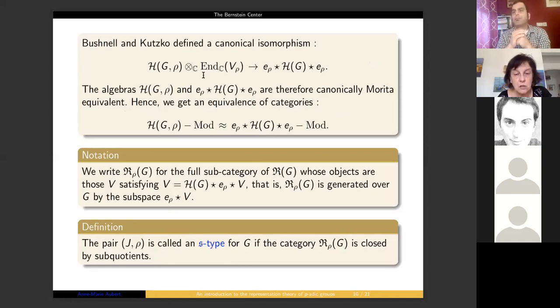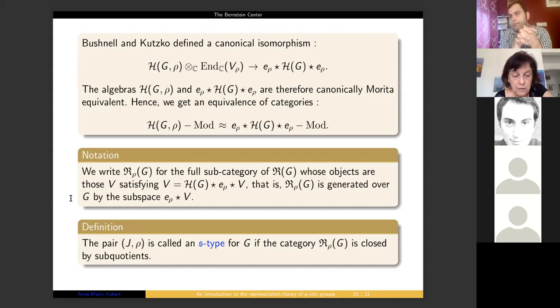We have a canonical isomorphism from the tensor product of the first one with the endomorphisms of the underlying space of rho and the second algebra. So in particular, these two algebras are canonically Morita equivalent. And so we get a canonical equivalence of categories between their module categories.